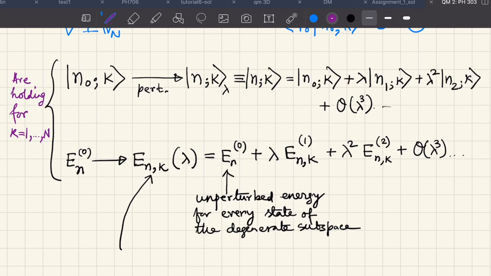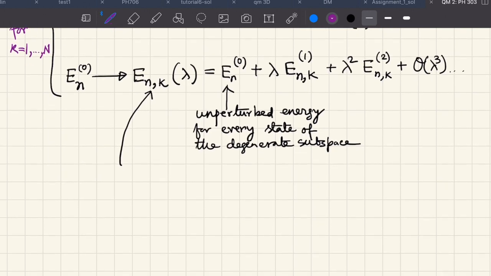Now if I say that I don't want to write E_{n,k}, rather I should simply write E_n(lambda), then there will be a mistake, because for each value of k, that is from 1 to capital N, the energy corrections might be different, and that is why energy corrections should carry this label k.